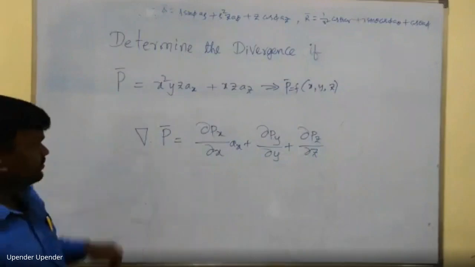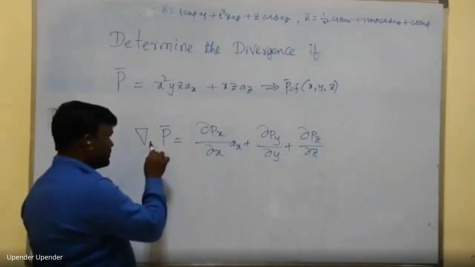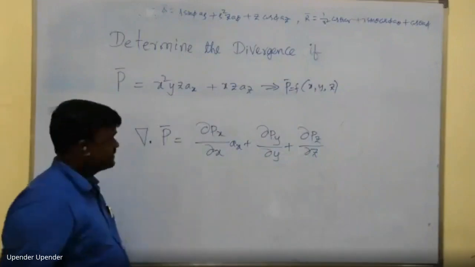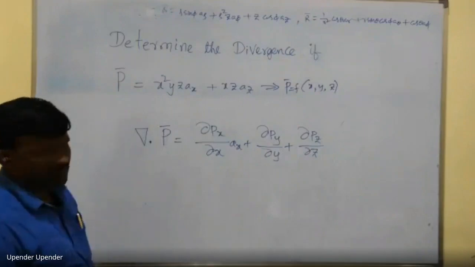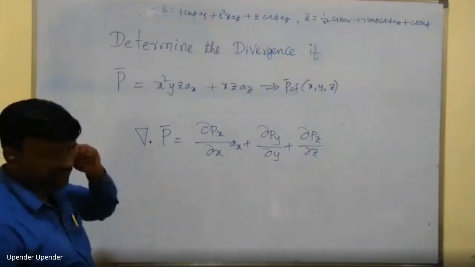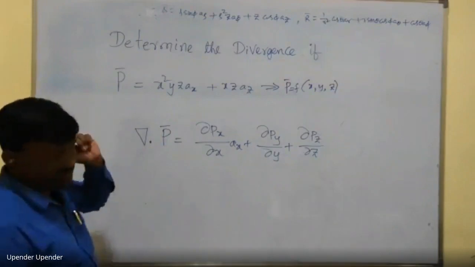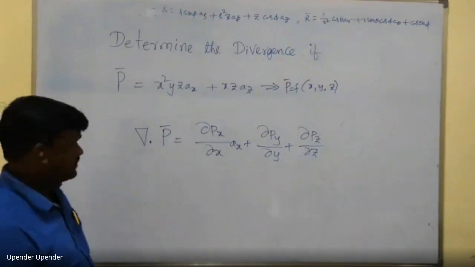If you want this formula, please refer to the derivation of divergence of a vector in Cartesian coordinate system.